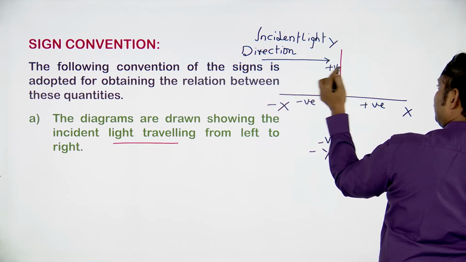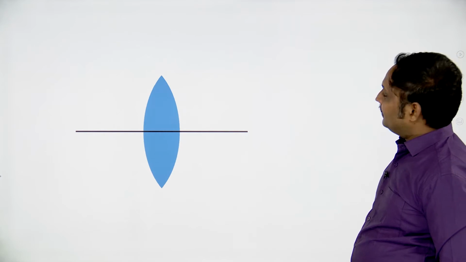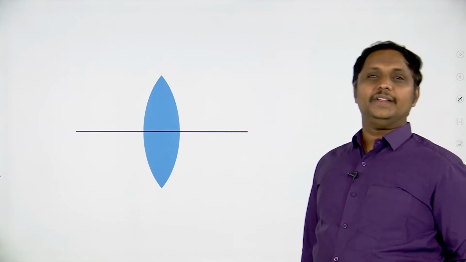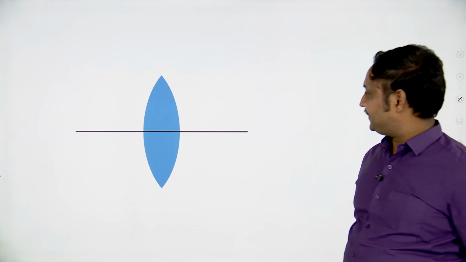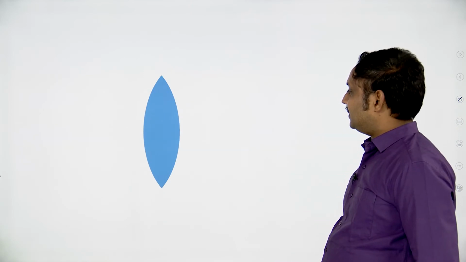So it's going to be positive. Already we have discussed that sign convention in concave and convex mirrors, but we would like to extend the topic to the lenses. It's very clear.